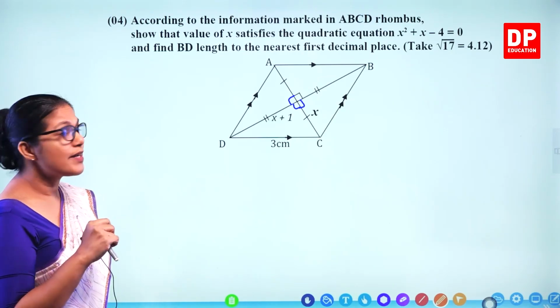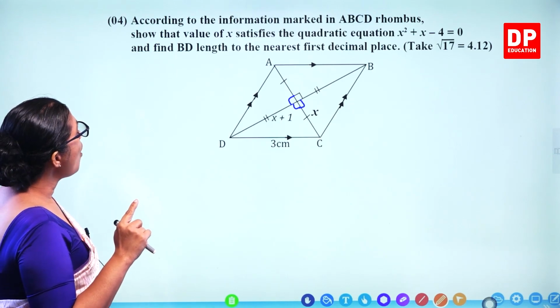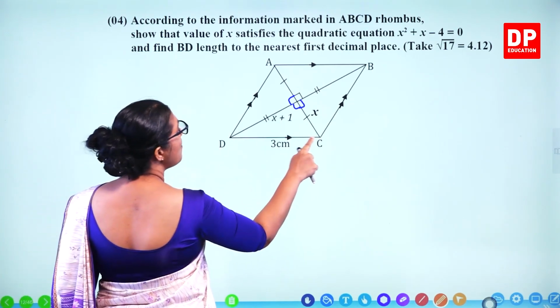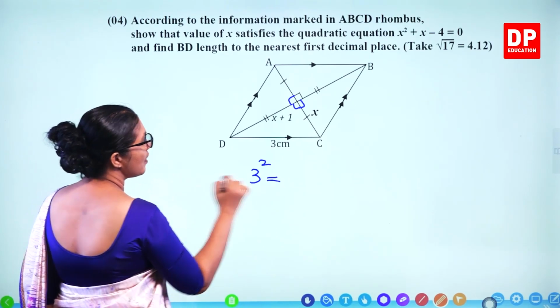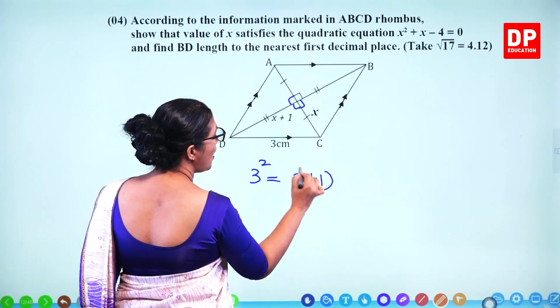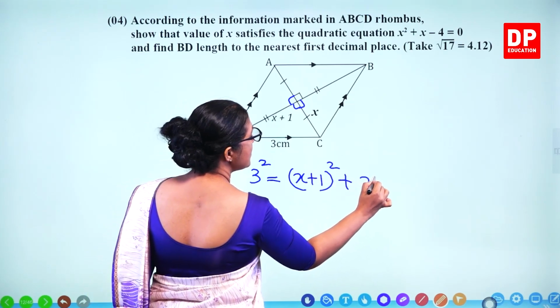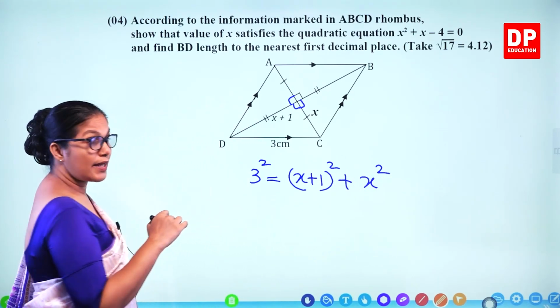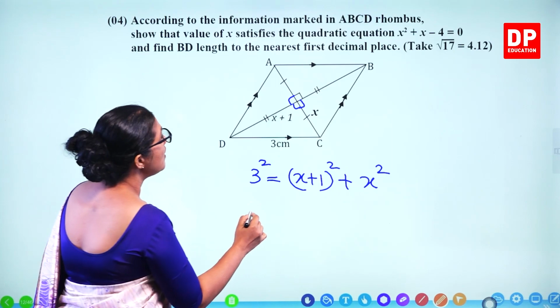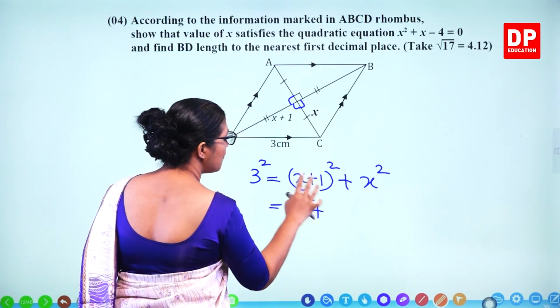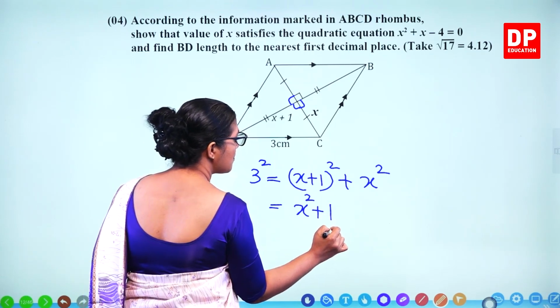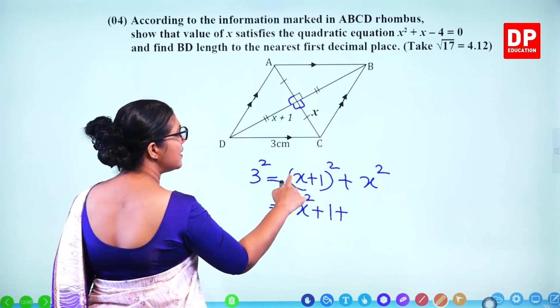So, this is 90. What can we use? We can use Pythagoras Theorem. In the rhombus, this is the hypotenuse. So, 3 squared is equal to, one length is x plus 1 and the other one is x, squared using Pythagoras. Now, we'll expand this: first term squared, last term squared, and double of the middle terms.